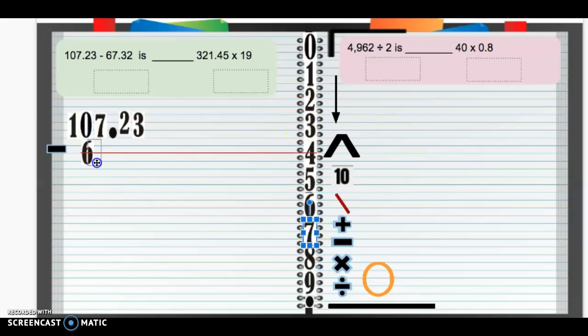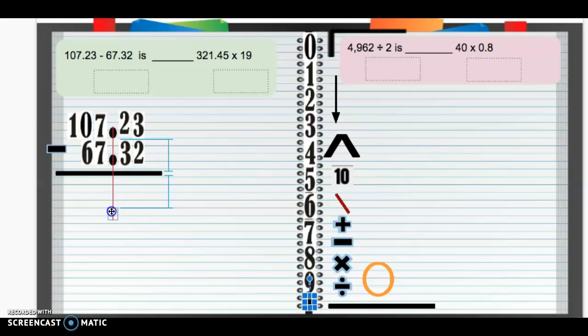So the 6 was in the tens, the 7 was in the ones, our decimal point. 3 is in the tens place, and then a 2 was in the hundredths place. So now we have to subtract. Before we start subtracting, drop that decimal point down.